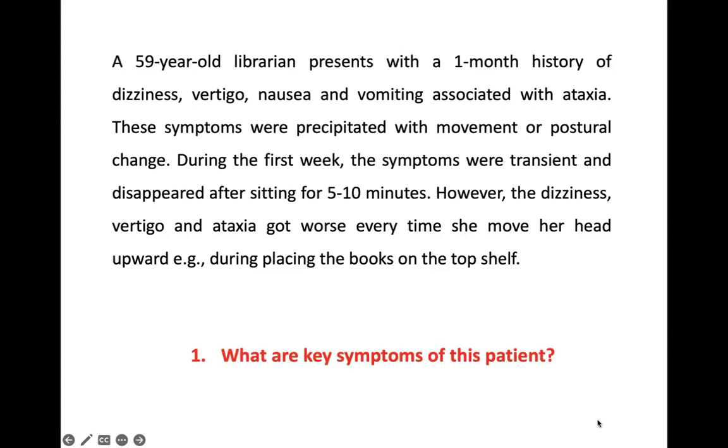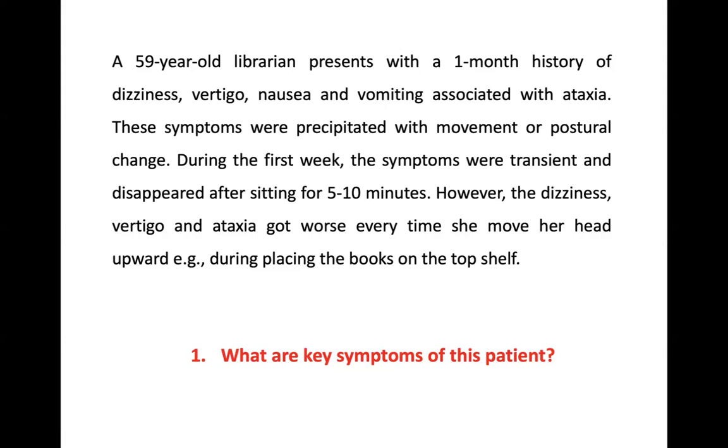First question: what are the key symptoms of these patients? Anyone want to volunteer and answer this question? I would like to volunteer.